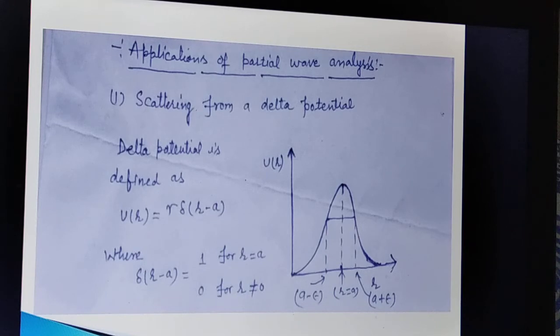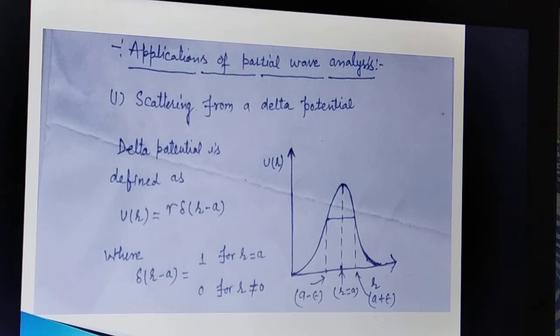इस फिगर पे मैंने डेल्टा पोटेंशियल को ड्रॉ किया है। वाई एक्सिस पे पोटेंशियल है और एक्स एक्सिस पे हमने डिस्टेंस लिया है। The maximum value of the potential is equal to gamma at r equal to a, and just nearby points it is very much less.